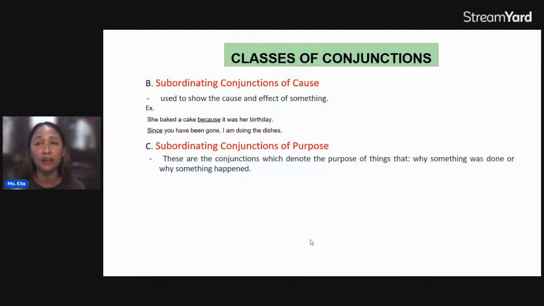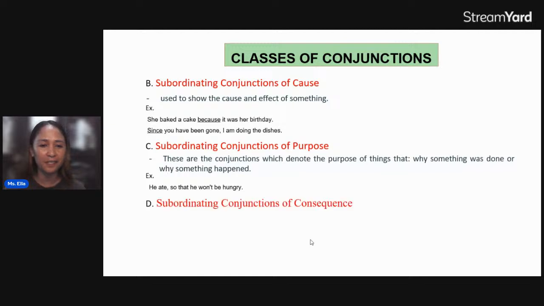Why was the action done? For example, "He ate so that he won't be hungry." That means there's a purpose there. Why did you eat? The purpose is for me not to get hungry. All right? So I hope it's clear.